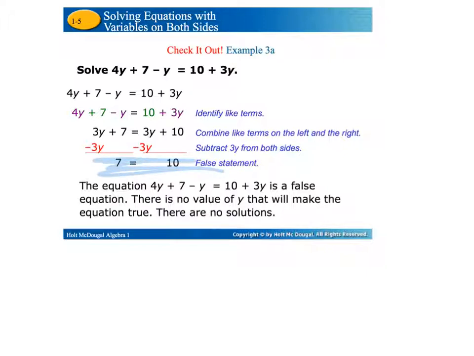This will never occur, so there are no solutions. So we're going to still solve all of the problems the same way. We just have to be able to interpret our answer. So if the variables cancel away and it's a true statement, it's infinitely many. But if it's a false statement, it's no solution.